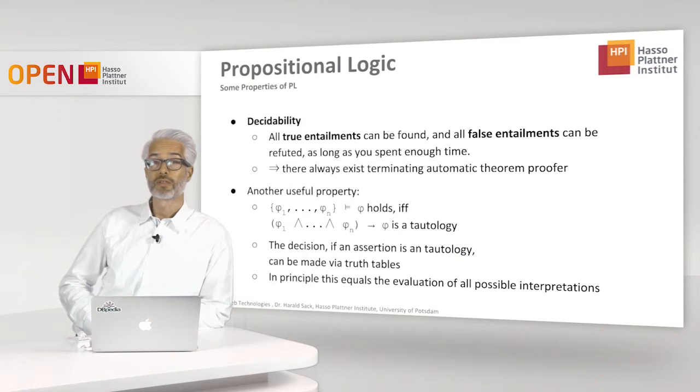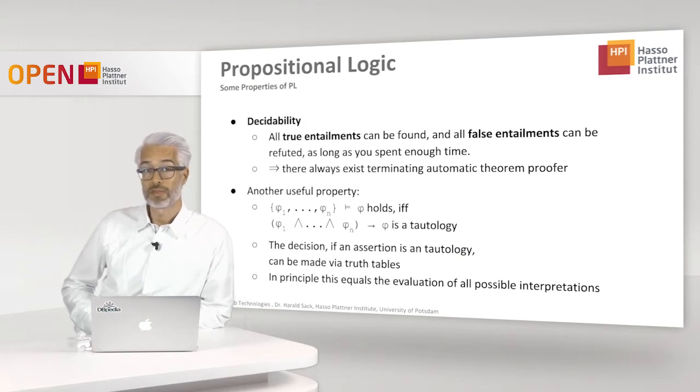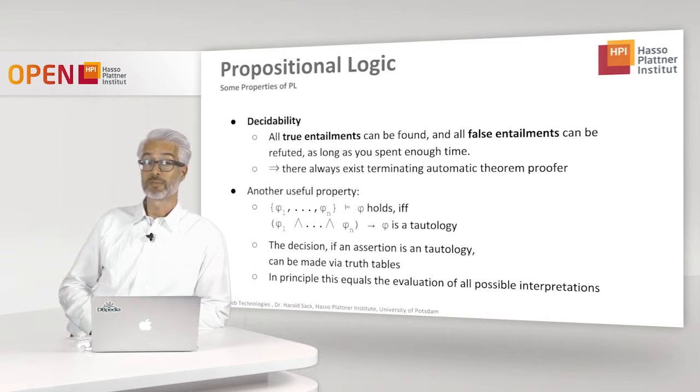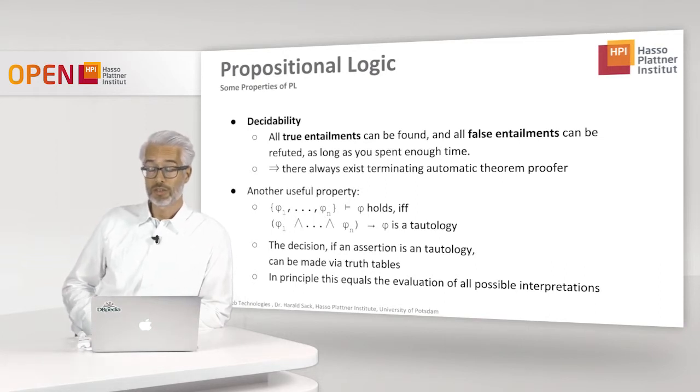So then we also have to consider a few properties of propositional logic. First of all, the most important one is decidability. So propositional logic is decidable. That's a good message. It means all true entailments can be found and all false entailments can be refuted as long as you invest sufficient time.